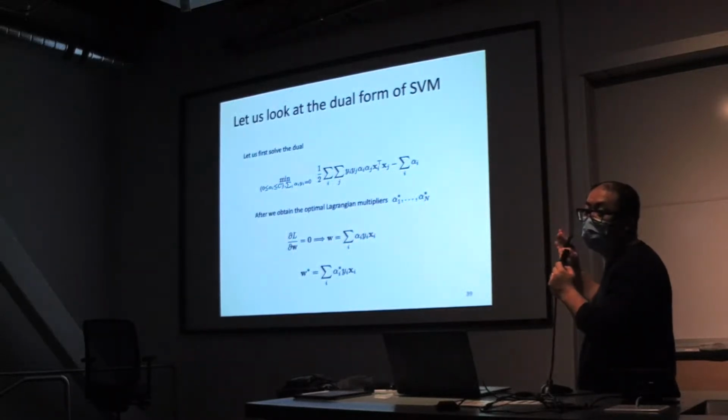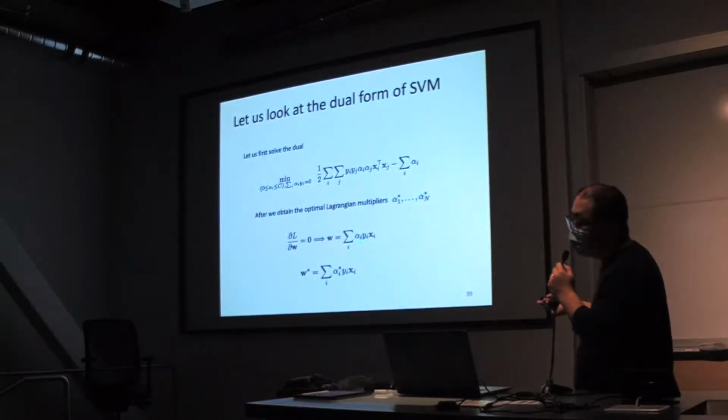It is not 0 or 1. Just keep that in mind. Otherwise, you're going to zero out many training inputs. So if you want the optimal weight vector w star, you can simply substitute the optimal values of the alphas.